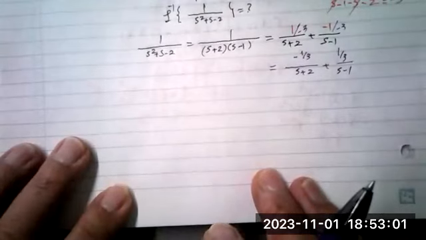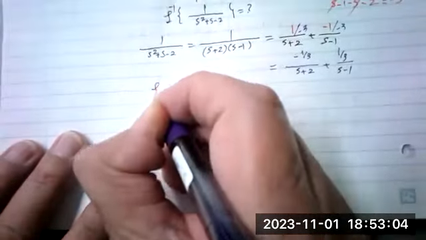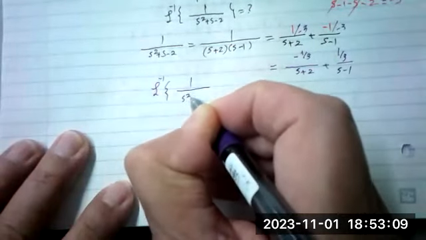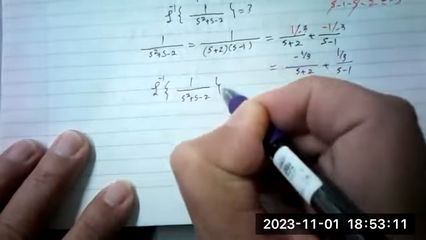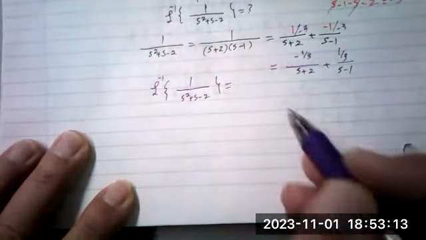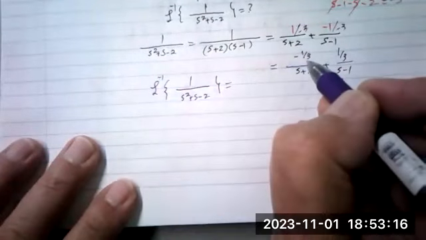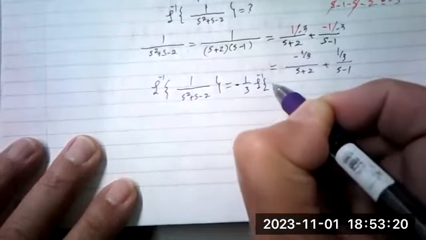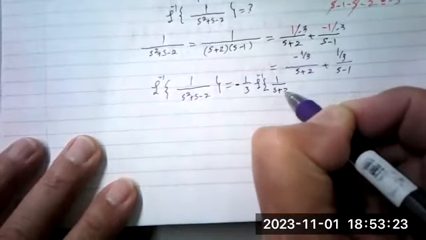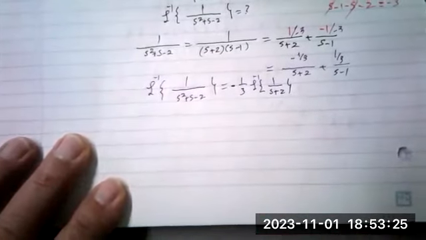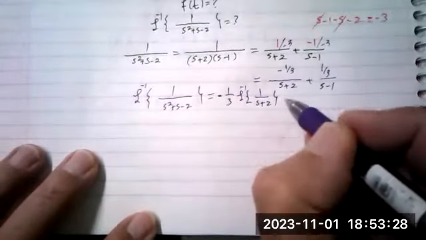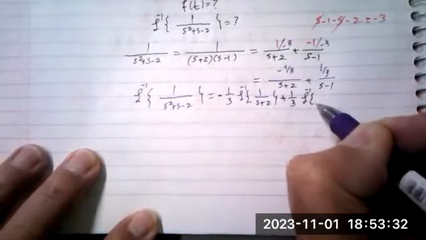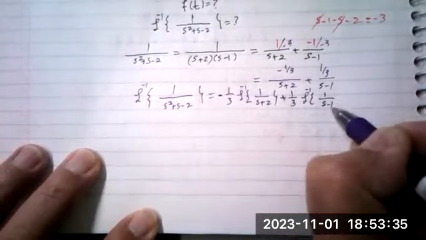Okay, now we can find the Laplace inverse. The Laplace inverse of 1 over s squared plus s minus 2 is going to be, for the first one, I don't need that negative 1/3, I pull it out: negative 1/3 Laplace inverse of 1 over s plus 2, plus 1/3 Laplace inverse of 1 over s minus 1.